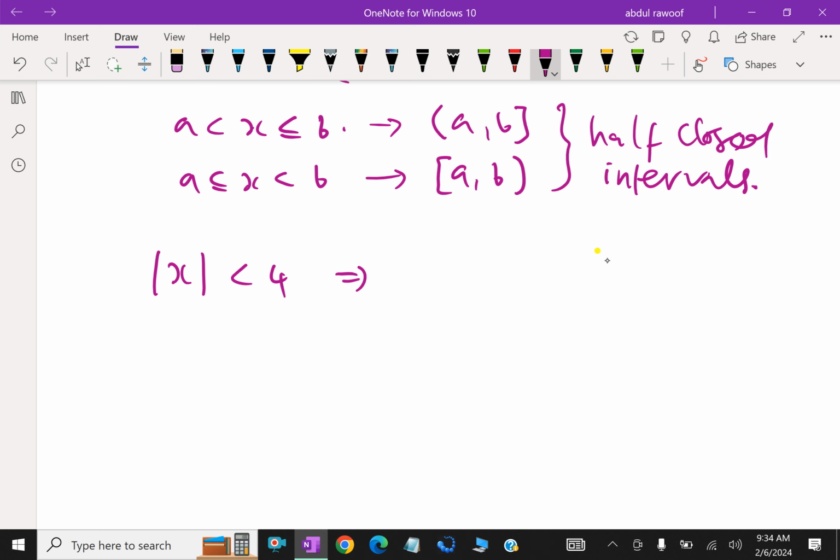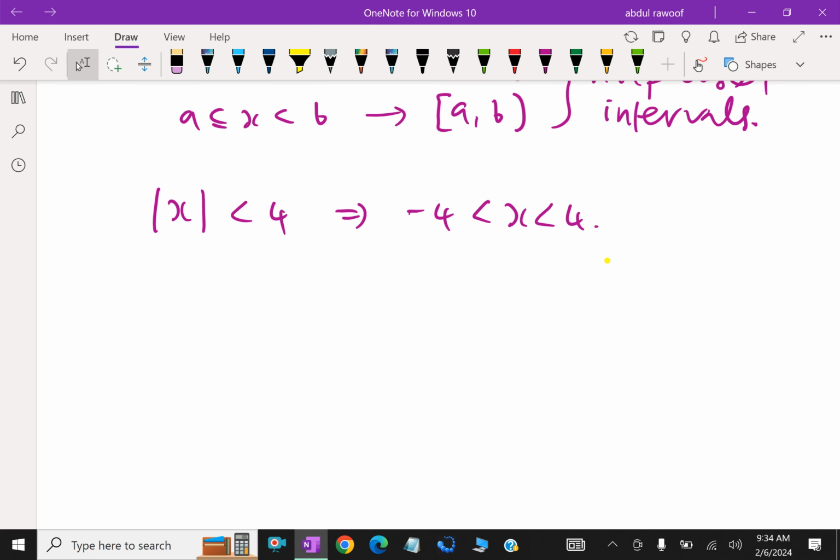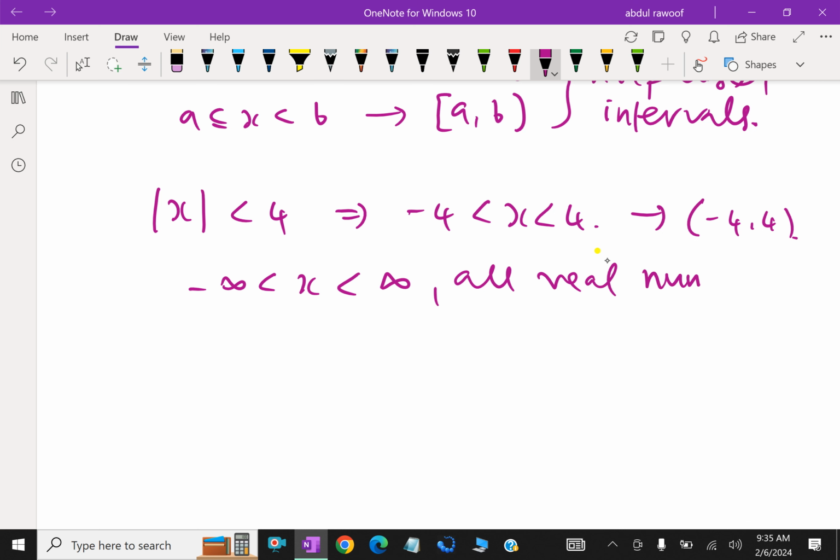How to represent it? It is a bounded set, minus 4 less than X less than plus 4, so it is represented by (-4, 4). Generally, minus infinity less than X less than plus infinity represents all real numbers.